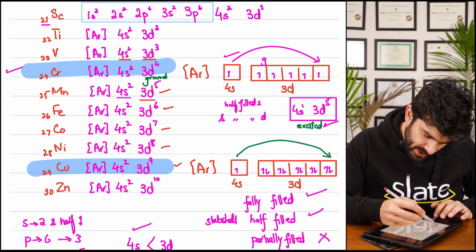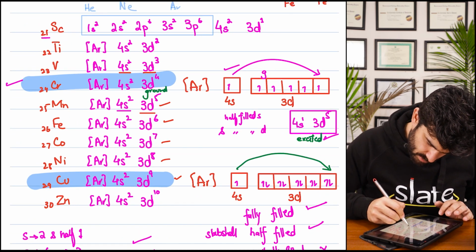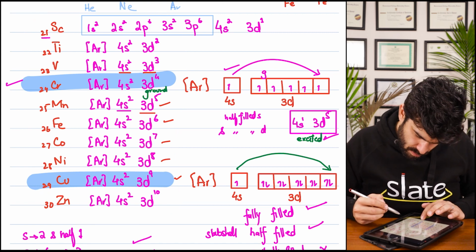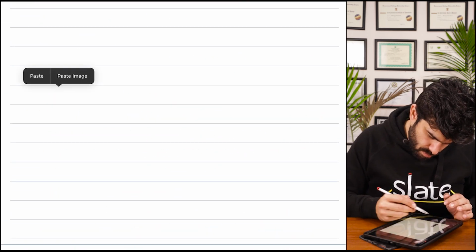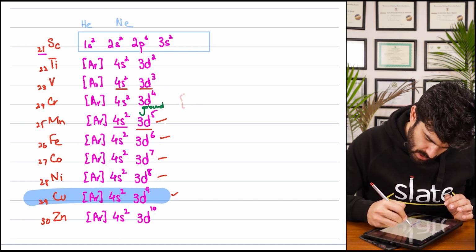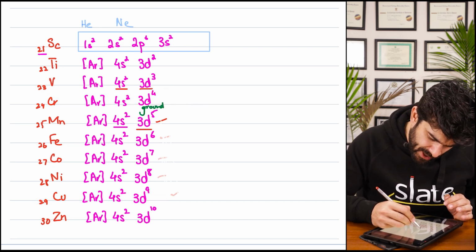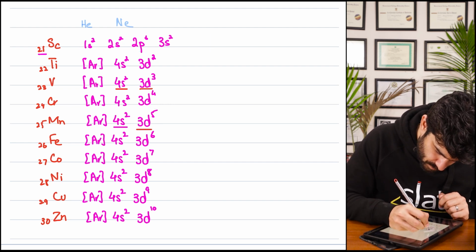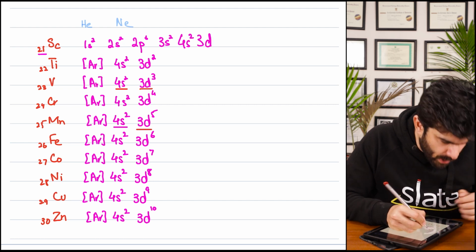So if we have these, they will have variable oxidation states. Like how? 4s2, 3d1.